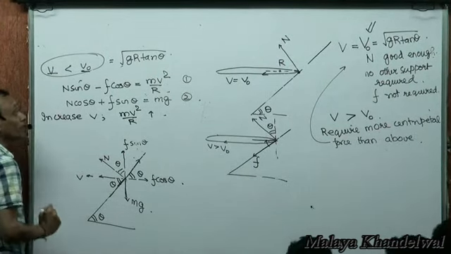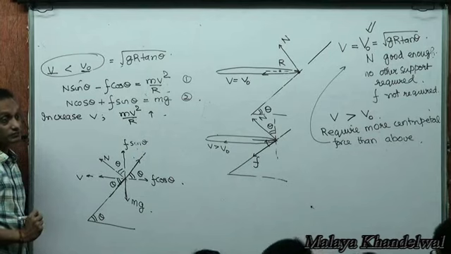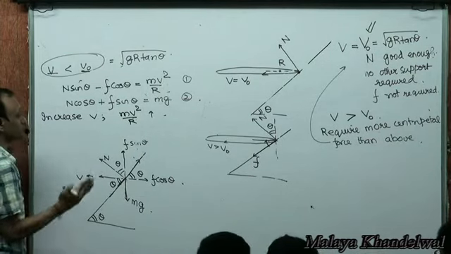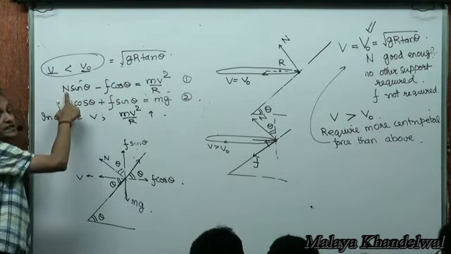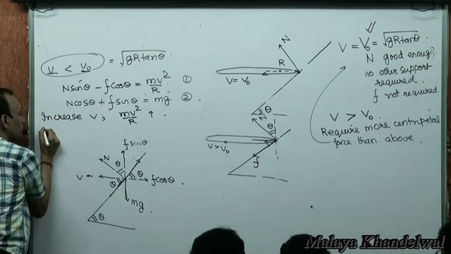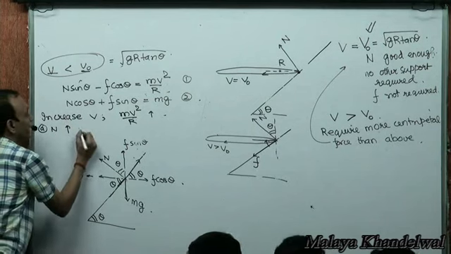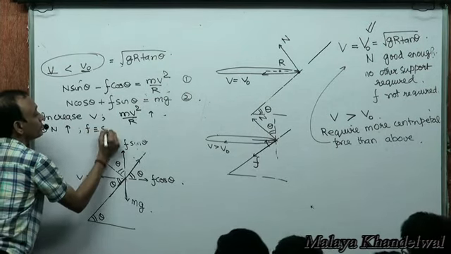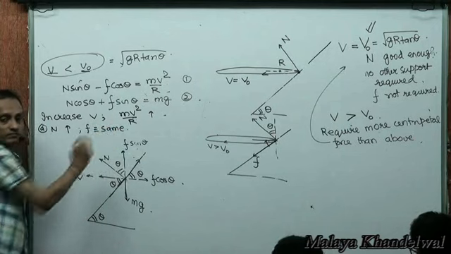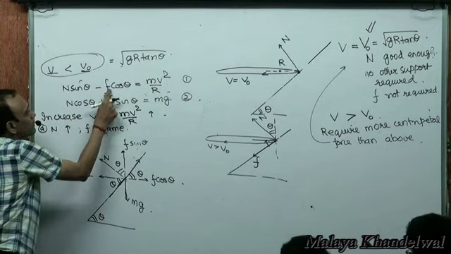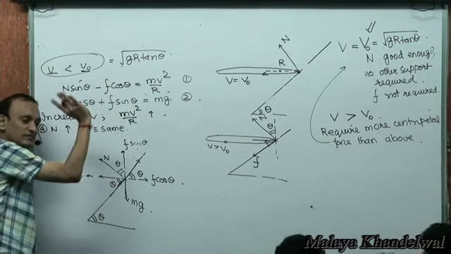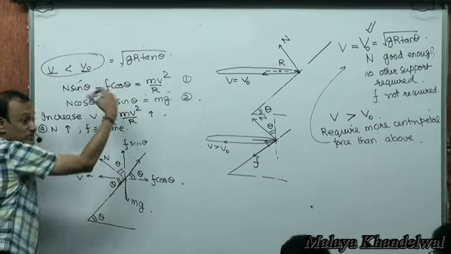Right? Now to meet this requirement, in how many ways can I meet this requirement? Either I increase N and F remains same. One possibility is increase N and F remains same. That's one way this requirement could be met, so that this difference is larger.